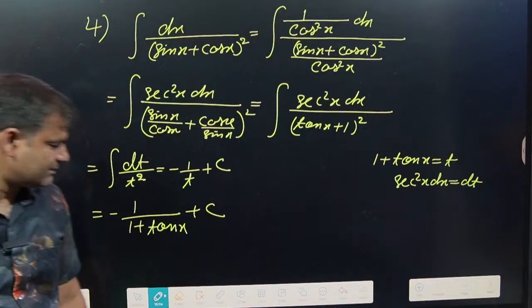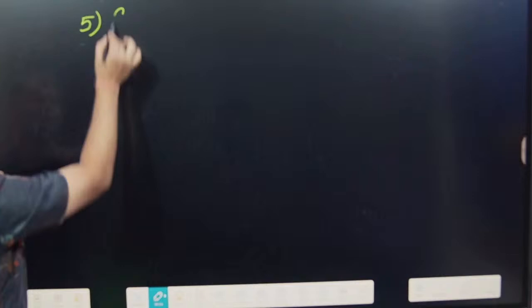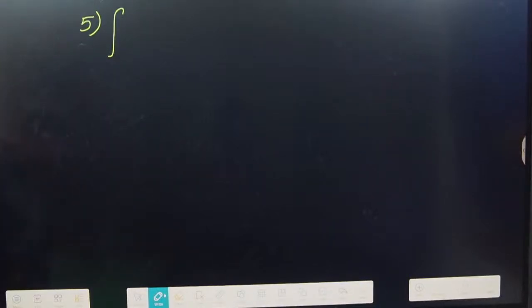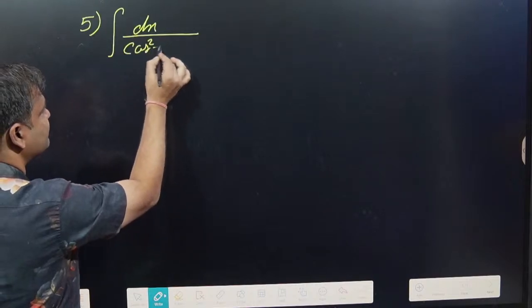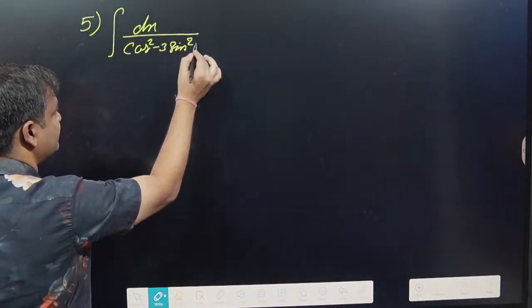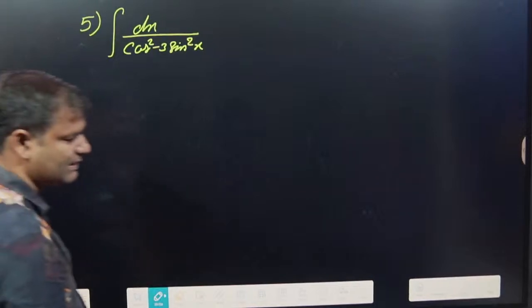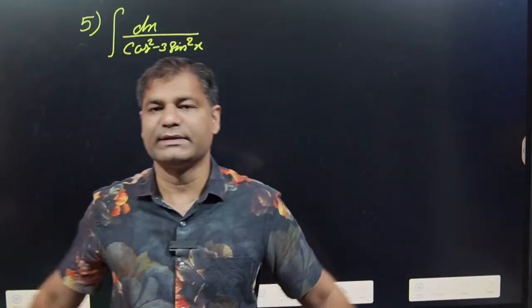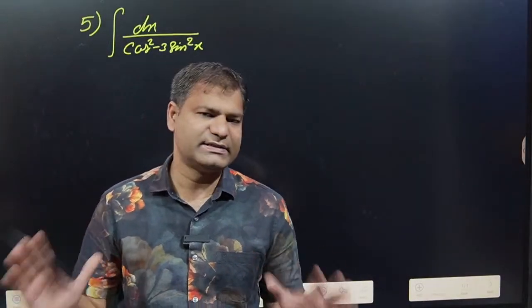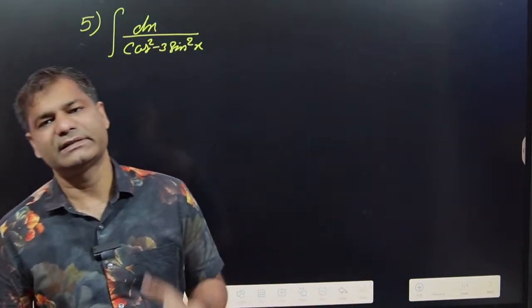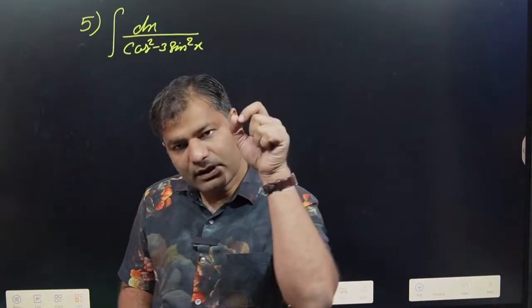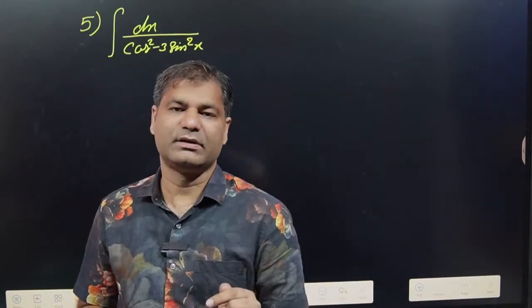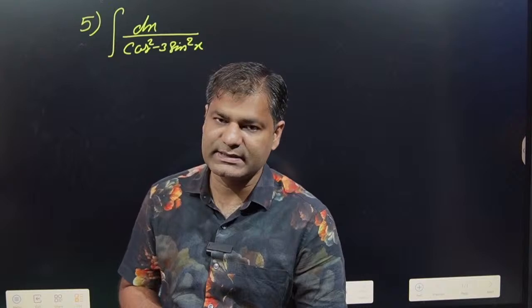Okay. Now next target. Another question, number 5. Integration of dx divided by cos square x minus 3 sin square x. How can we do it? Very simple. I have already said, if sin square x and cos square x are available in the denominator, then always divide numerator and denominator by cos square x.